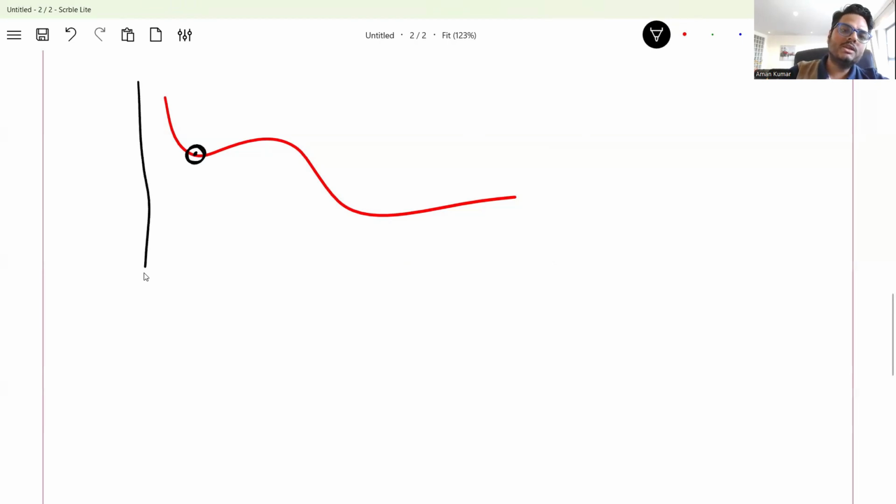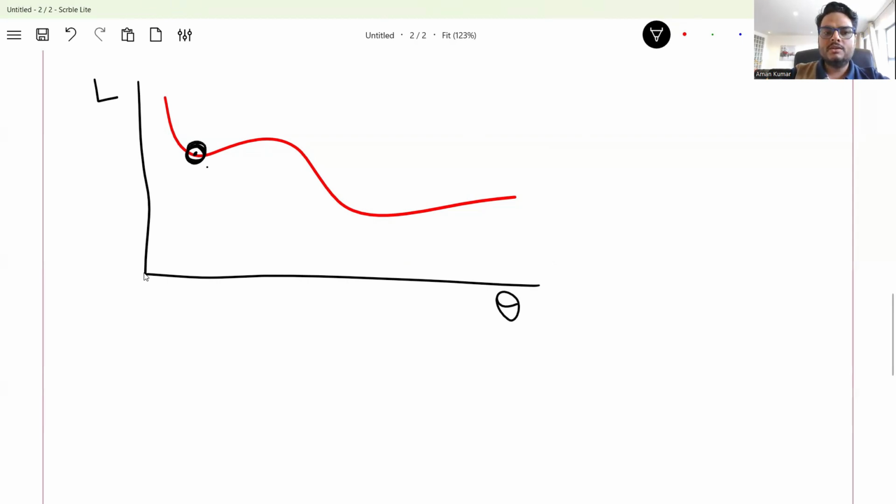Let me draw the xy plane one more time. Let's say on the y-axis is your loss, on the x-axis is your parameter. From this point, which direction should you move in? Either you should increase theta or you should decrease theta. That is the question at hand.